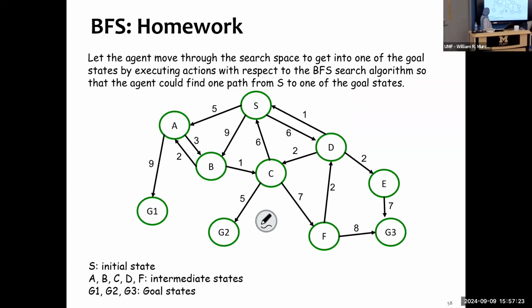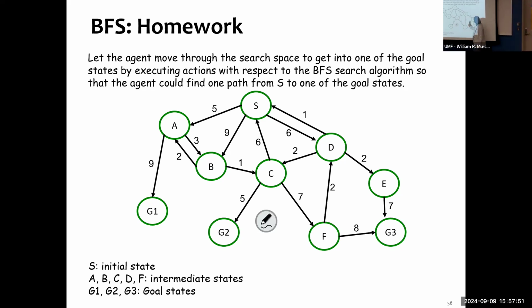Now, for the homework, I'm going to share this after the class. You will try to execute the BFS given this problem. It's simple. We have different nodes. S is the initial state, and the goal states are J1, J2, and J3.